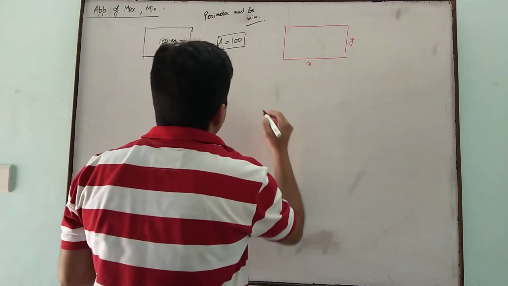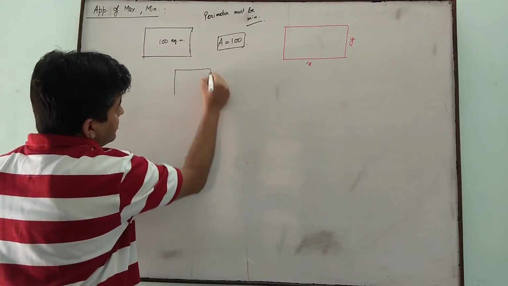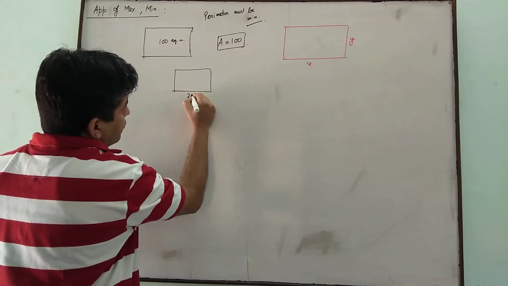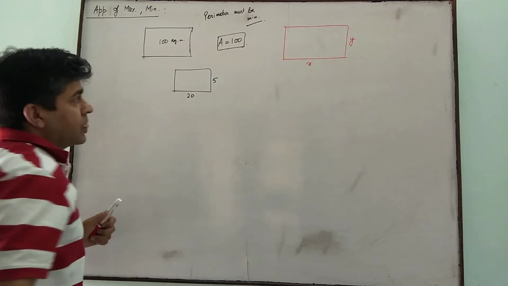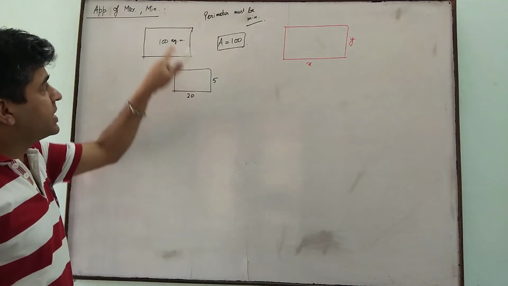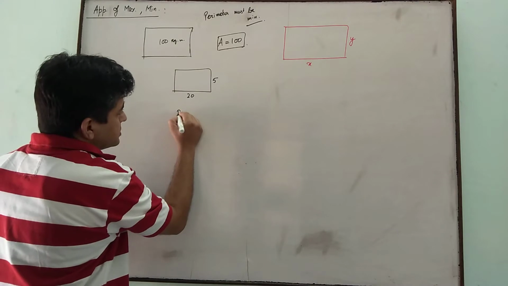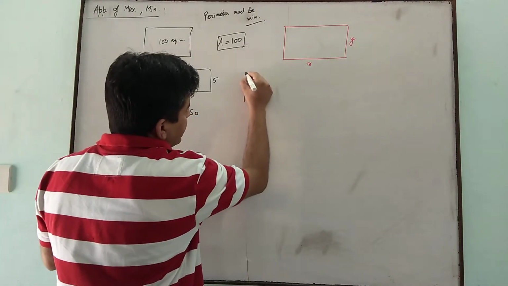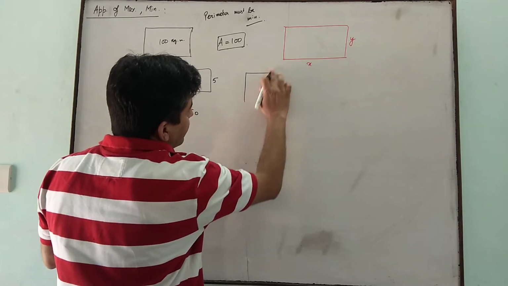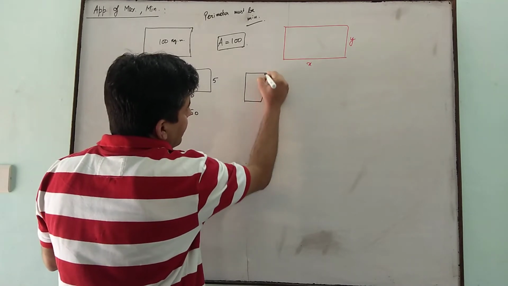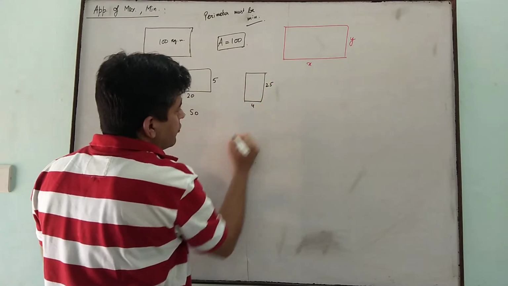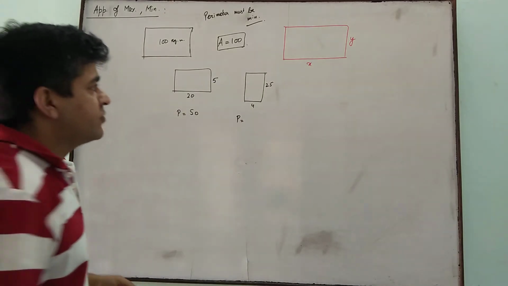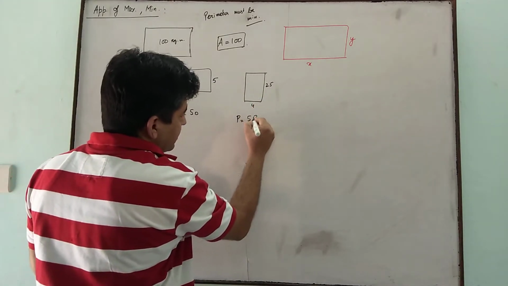For example, we are taking a field of 20 and 5. 20 times 5, 100 is the area. Now perimeter for this is 50. If we are taking a field of 25 and 4, then area is 100 again, and the perimeter for this is 58.